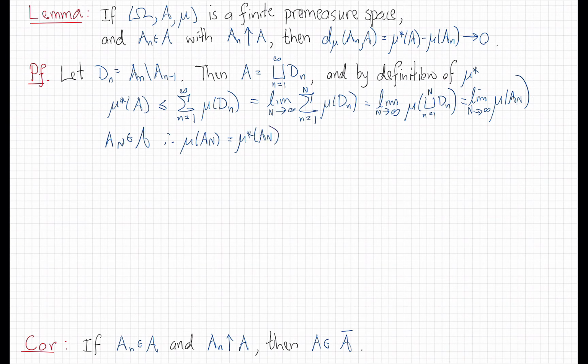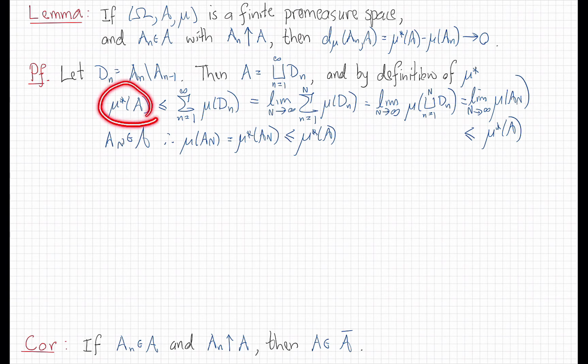Now, an is, of course, contained in A, and therefore, by the monotonicity of the outer measure, this is less than or equal to mu star of A for every n. And since that's true for every n, over here, we get that this limit is less than or equal to mu star of A. And look what happened.